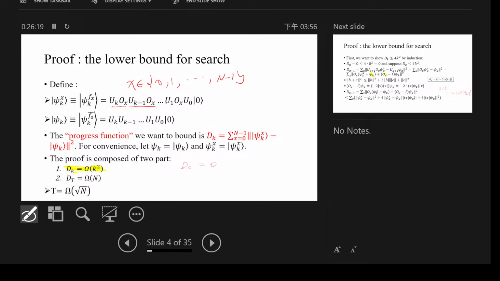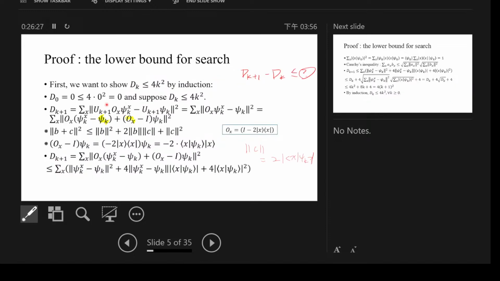Similarly for psi k, it is even simpler, you just get the extra u. So we write it out: dk plus 1 is the summation over x of uk plus 1 ox psi xk minus uk plus 1 psi k, and the square.